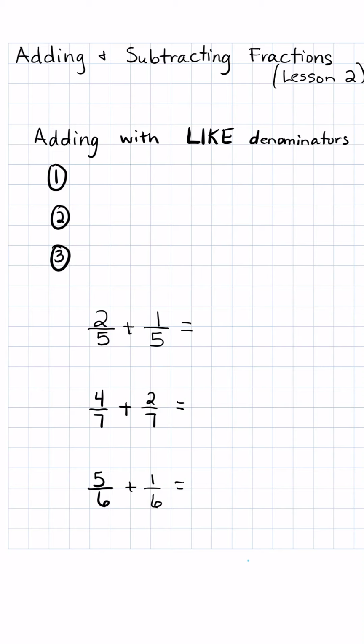Class. So today we're going to talk about adding and subtracting fractions. The first one we are going to discuss is adding with like denominators. And remember, denominators are the numbers on the bottom. These both have 5s.